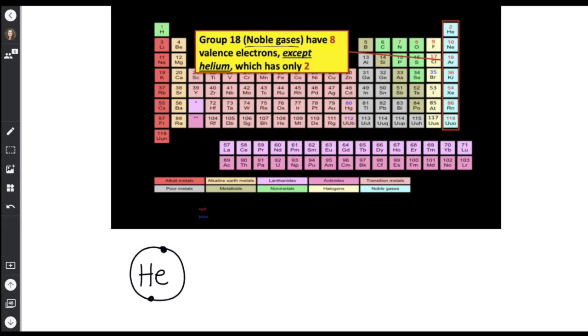But remember our Bohr diagram, our Bohr model. All right? So if we look at neon, how many is on the first shell? 2, and then the next shell has, again, what's a full shell? 8. All right, so here's a full shell of 8.